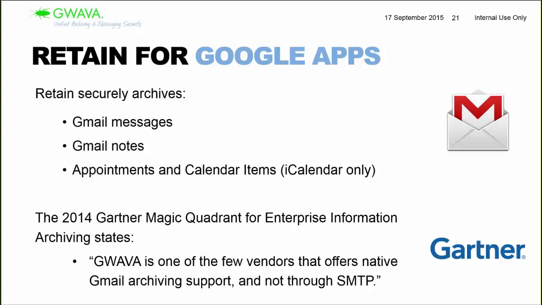And what's great too, and I'll show you that in just a minute, is that the labels are recreated as well. So all the email messages, the Gmail messages, and then any labels that they're put under, that's recreated in Retain. The other great thing too is that Retain talks directly to the Google Apps server, to the Gmail server.